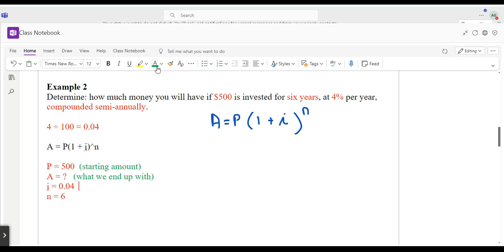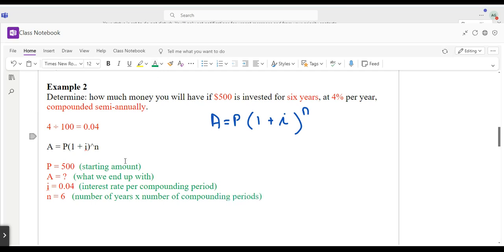I is going to be the interest rate per compounding period. And N is going to be the number of years multiplied by the number of compounding periods.